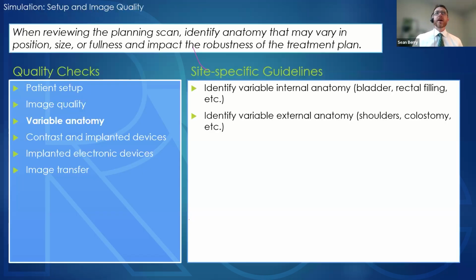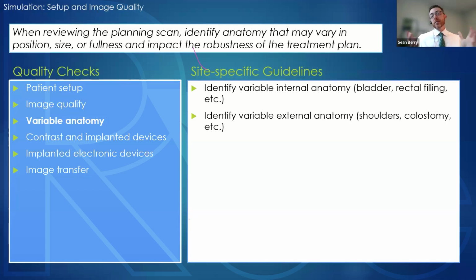And now talking about variable anatomy. So we already talked about the external anatomy, the chin, could also be the shoulders. But you also have to worry about internal anatomy because it's important to remember that when you take a CT scan, that CT scan is just a snapshot of the patient in time. So you try to prepare the patient so that that snapshot is consistent with how the patient normally is.